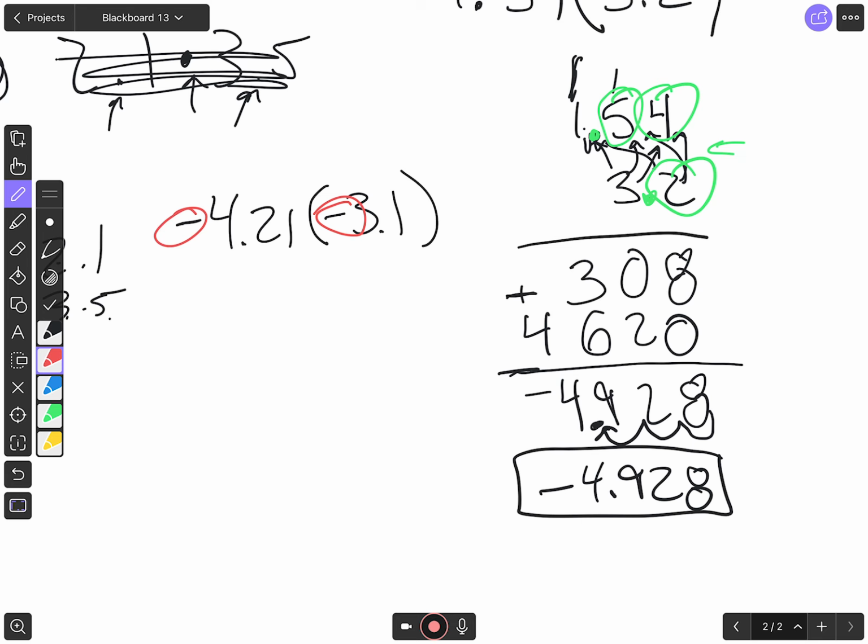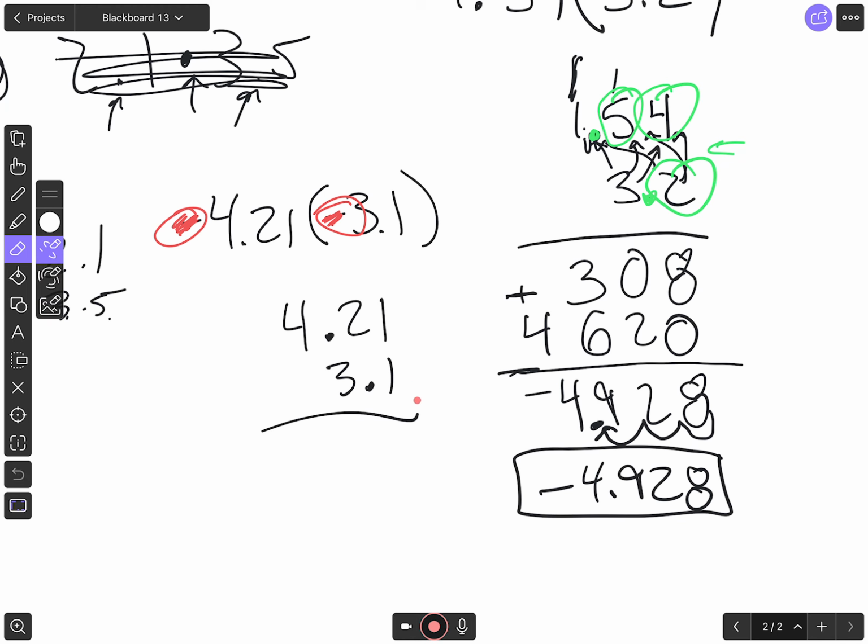And when I multiply two of the same sign, I get a positive. So I already know right off the bat I'm going to get a positive. So I'm just going to eliminate those negative signs and just multiply like I normally would. 4.21, 3.1. Remember, I'm lining up the right-hand side, not lining up the decimals. Okay? Just lining up the right-hand side.